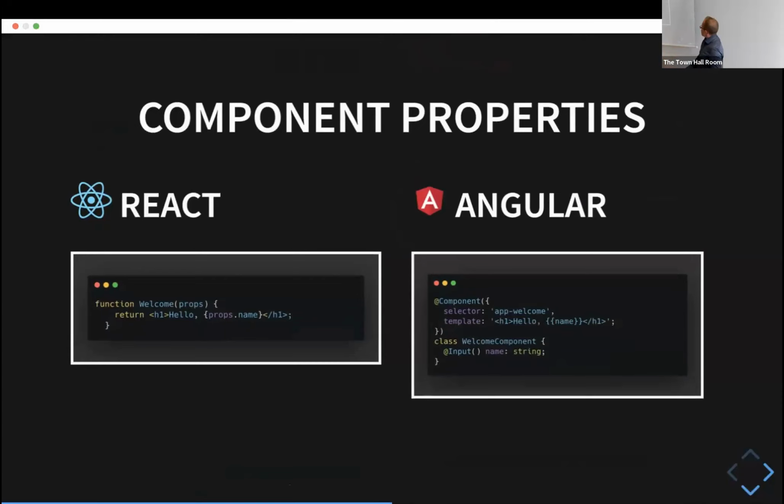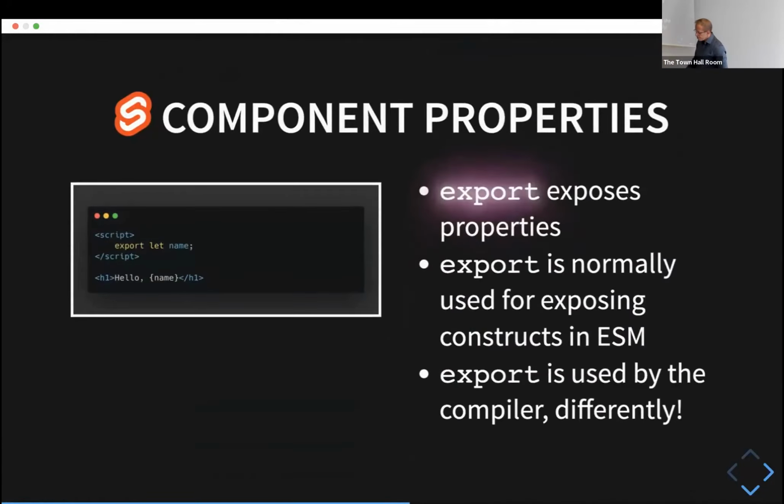So every component you want to make needs to take input. In React, we know how to do input. You add props to the constructor of your component, and then you're able to interpolate that into the JSX or TSX file. In Angular, you decorate your properties with an Input decorator, and then you're able to interpolate with a couple of extra square brackets. In Svelte, it's a bit simpler.